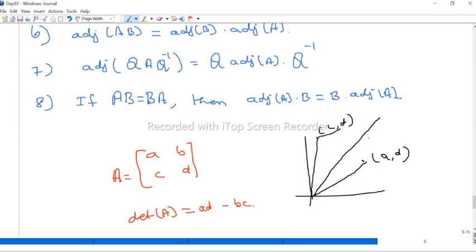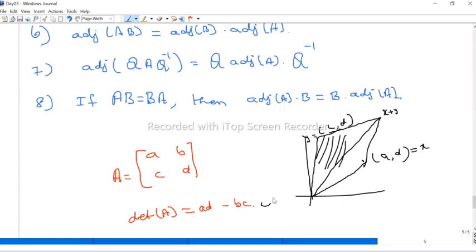Suppose this is one vector, call it X, and this is Y, then X plus Y should be here. So we form a parallelogram, and the area of this parallelogram is the value AD minus BC. So the determinant of a 2 by 2 matrix represents the area of the parallelogram formed by the vertices. This is for only 2 by 2.